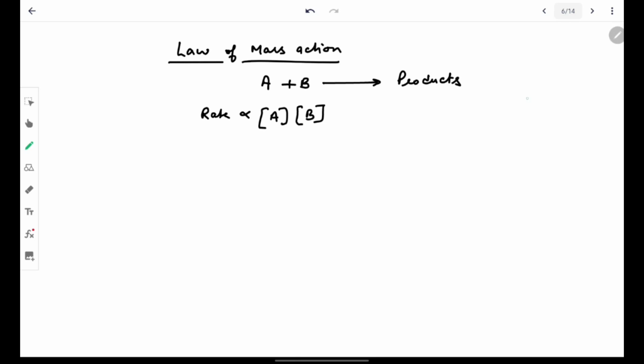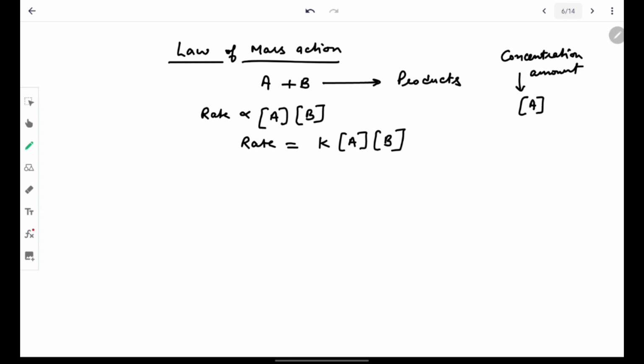Anything in chemistry written in square brackets represents the concentration or amount of the substance. So, the rate of any reaction is directly proportional to the concentration of reactants, or we can write it as: rate is equal to K, the proportionality constant, times the concentration of A and the concentration of B.